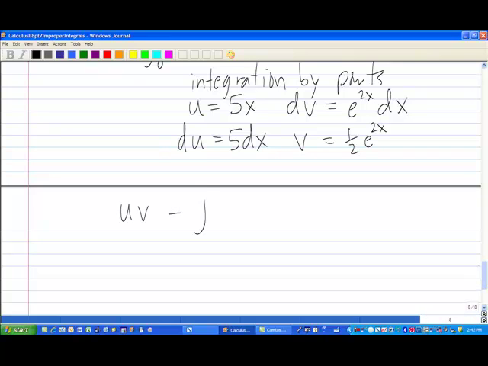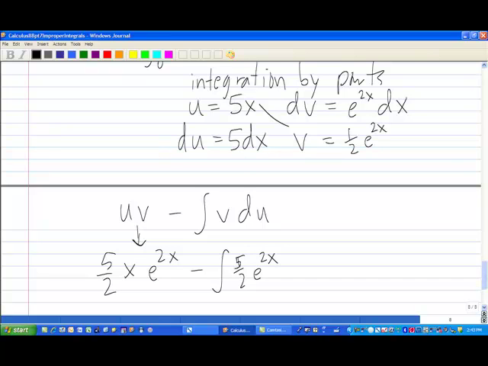uv minus the integral of v du. u times v is right here, which is 5x, 5/2. If you multiply 5 times 1/2, that's 5/2 x e to the 2x minus the integral of v, which is 1/2 e to the 2x, du, which is 5.